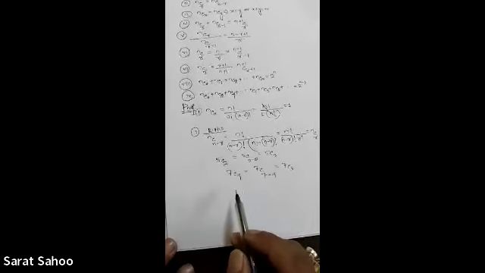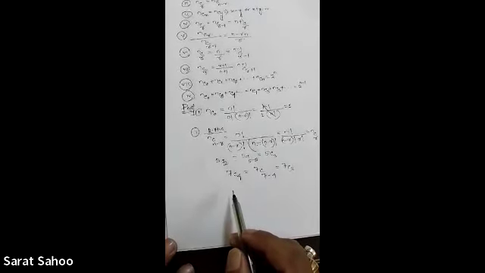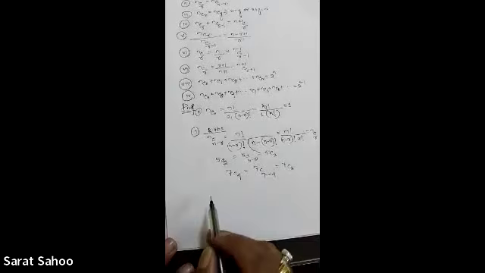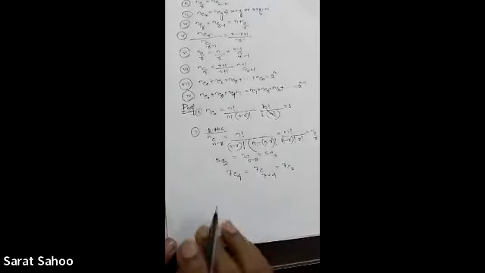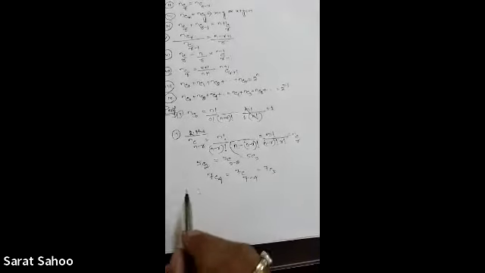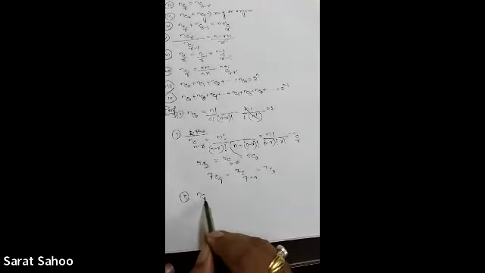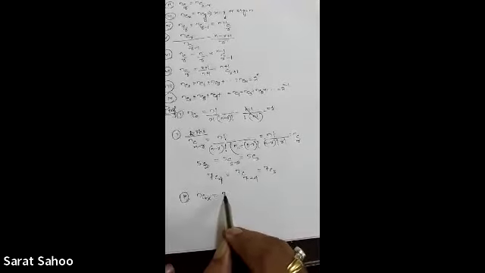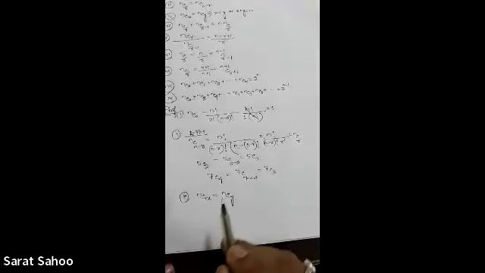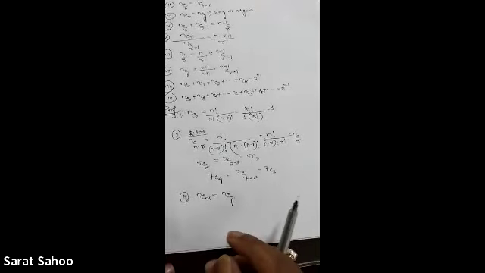Okay. Then come to third bit. nCx is equal to nCy. You see, if x is equal to y, then there is nothing to prove, because 4 is equal to 4, 5 is equal to 5.